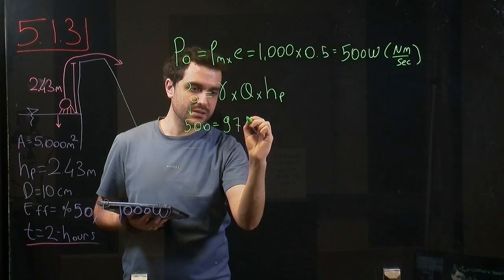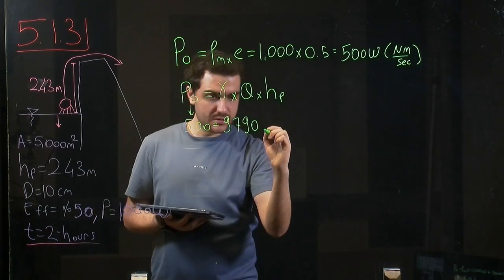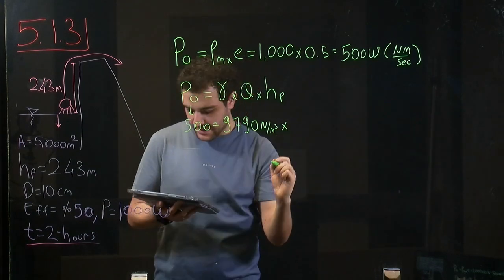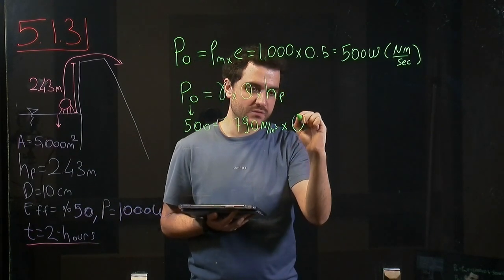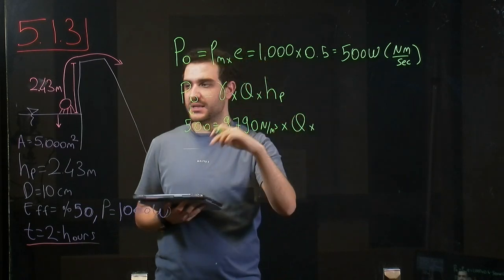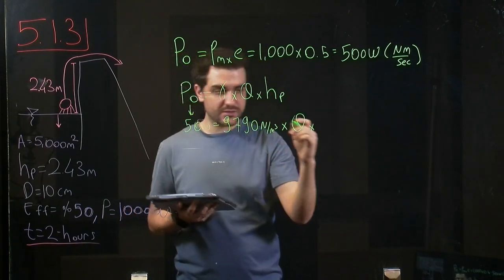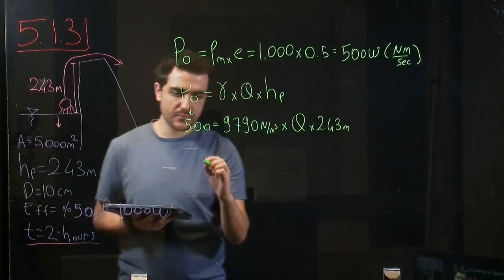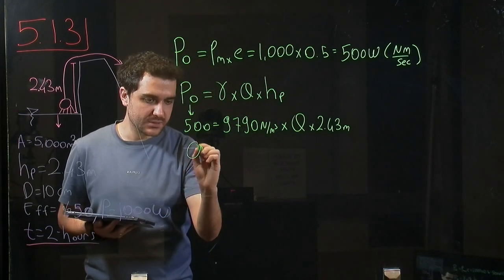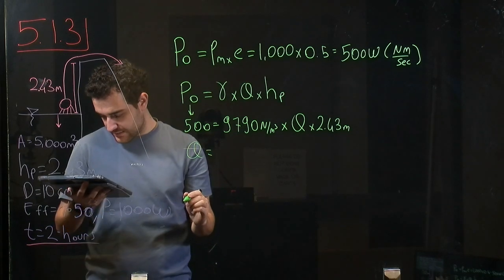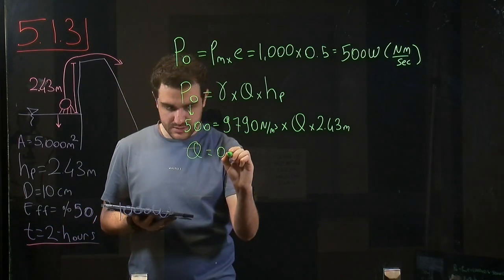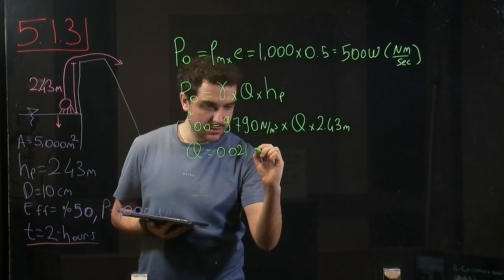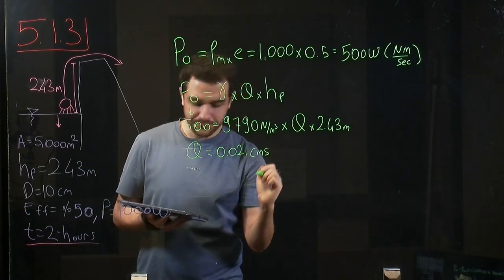This is 9790 Newton per cubic meter times Q, which we don't know yet, and the pump head is 2.43. From these calculations, we can get Q as 0.21 cubic meter per second.